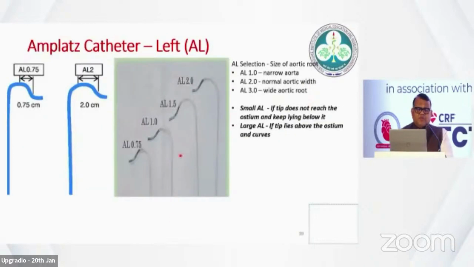Amplatz, again, 0.75 to 2 or 3 Amplatz guide catheter. It's again the distance between the primary and the secondary curve in centimeter, which is going to be the nomenclature. With these various catheters, again, with the aortic dilatation, one has to choose the bigger one.